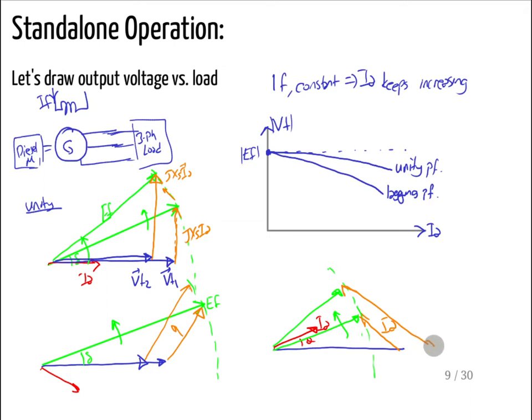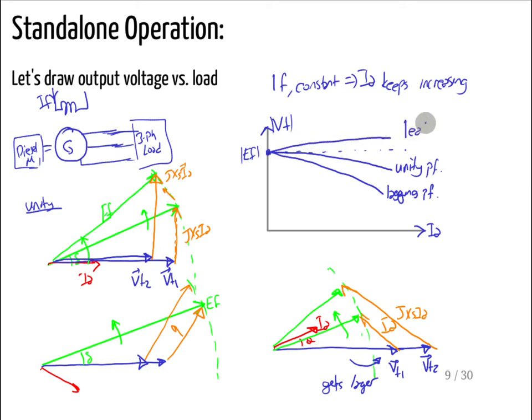So this is jXs IA, again this is jXs IA. So now you can see it was here at first, but now it gets larger, right? It gets bigger. So the terminal voltage as the load with the leading power factor is something like that.